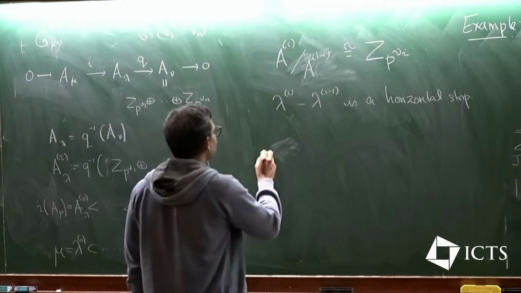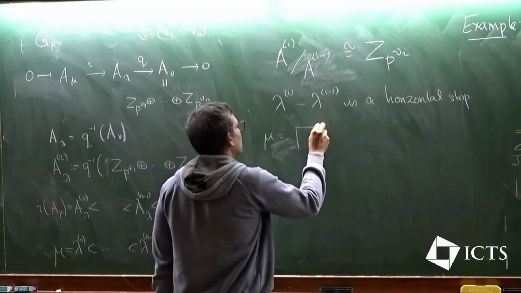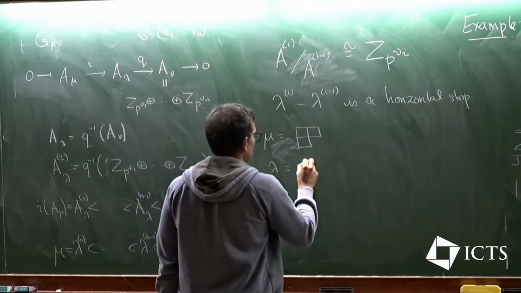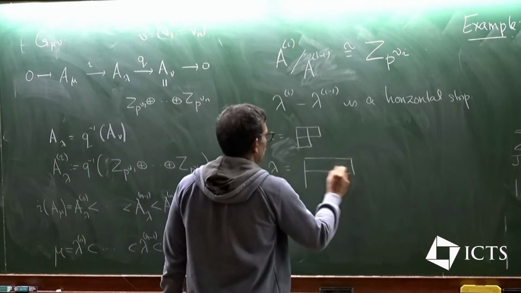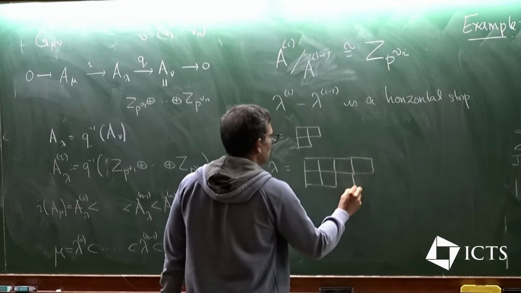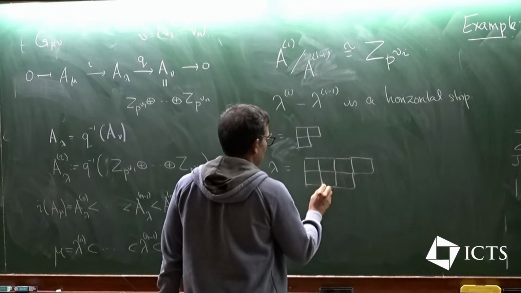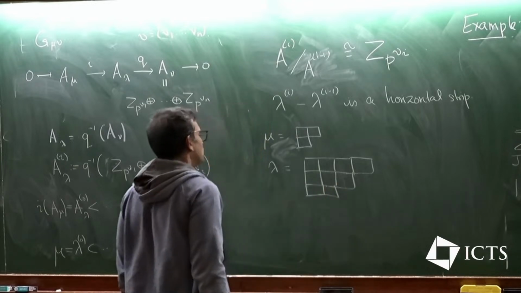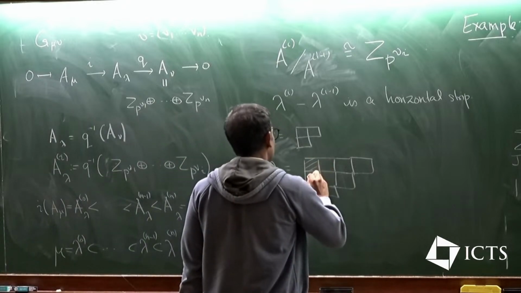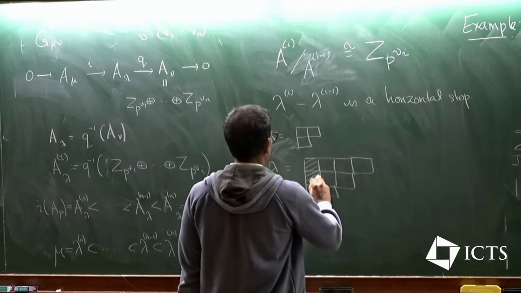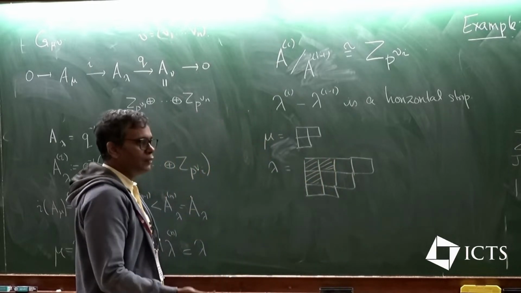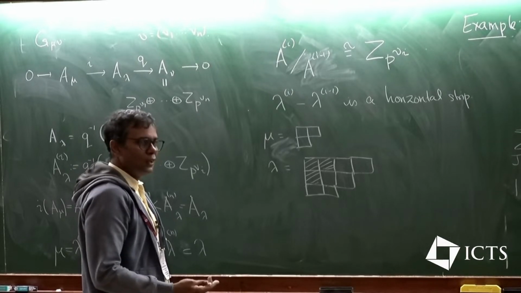Let's say that mu is 2, 1, and let's say lambda is 4, 3, 2. Okay, so this is lambda 0, right? And lambda 1 is obtained from lambda 0 by adding a horizontal strip.